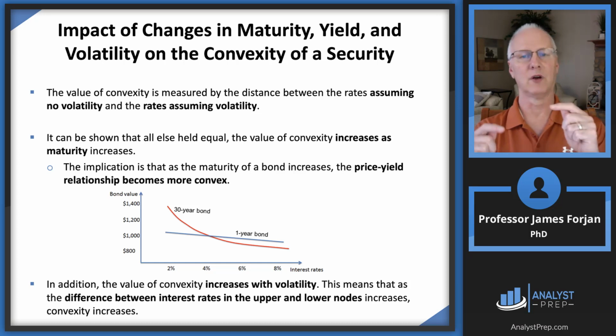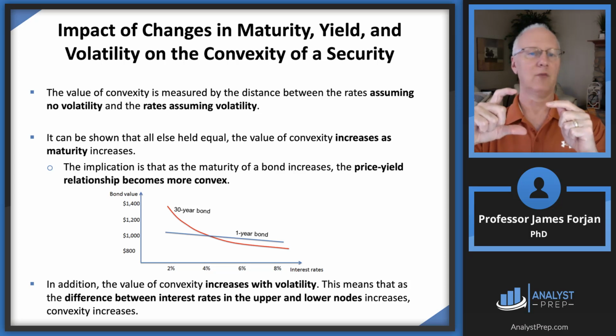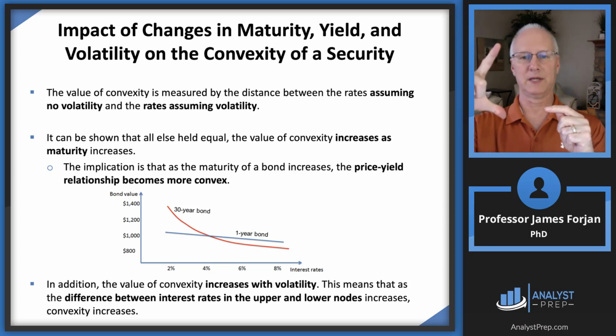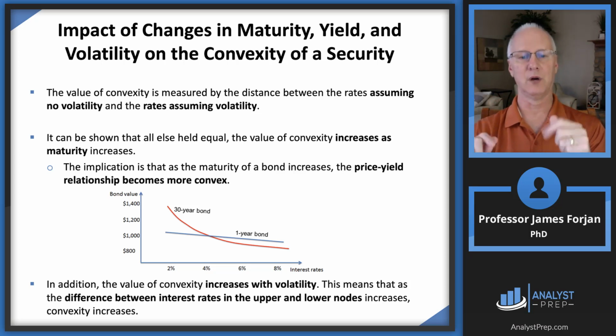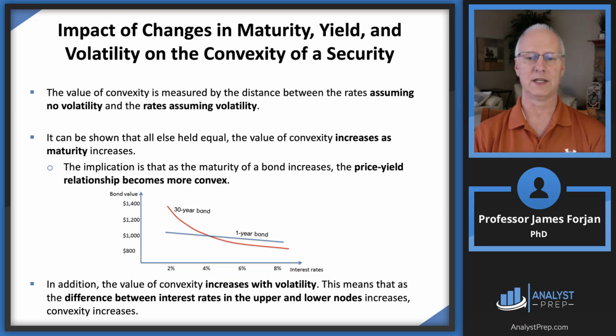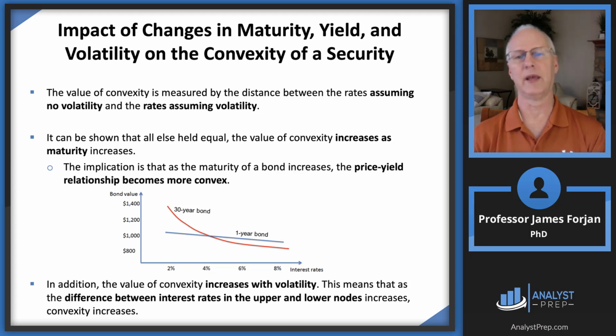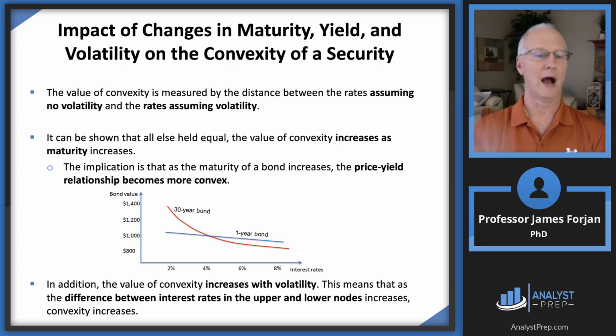We started with the 6 and then we went up to 8 and down to 4. If we work through an example where we went up to 10 and down to 2, then the difference between those upper and lower nodes must mean that convexity is going to increase. And so what did we come up with just a few slides ago? Those 1.8 basis points, that would widen.